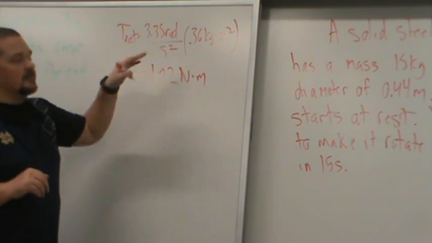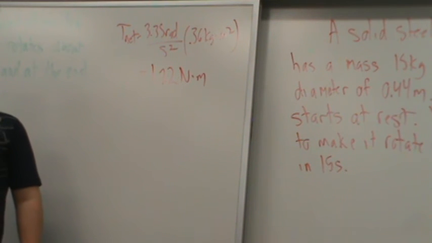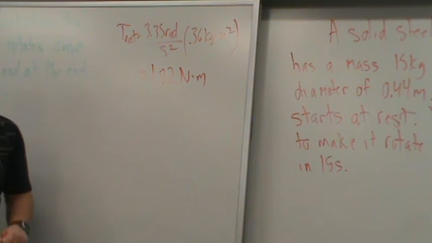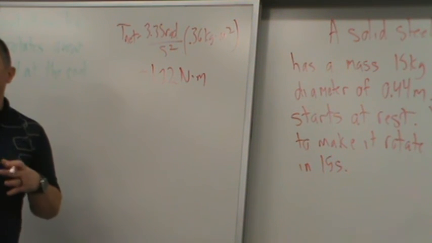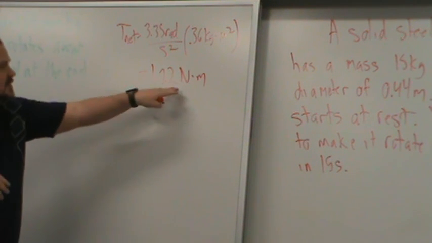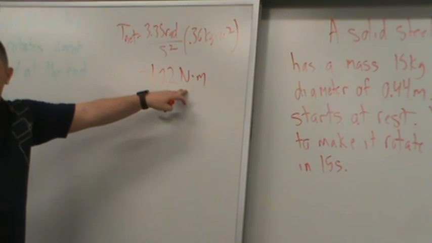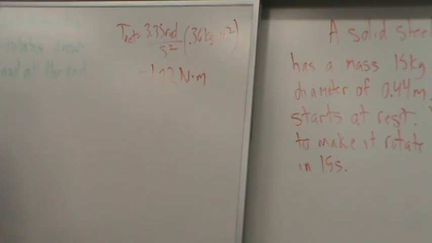Kilograms times meters per second squared. Mass times acceleration gives us force, which has the unit newtons. Then we're left with 1 of the meters. So that's how we get the units for the torque. Any questions there? No?